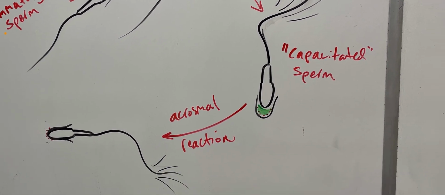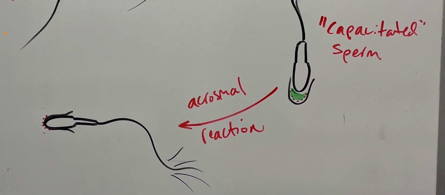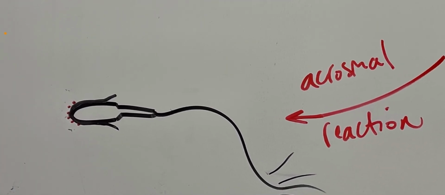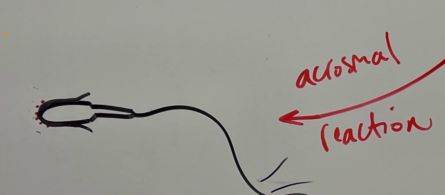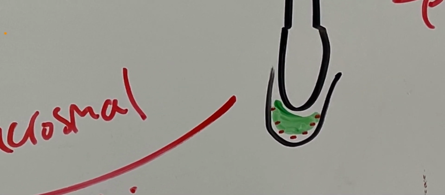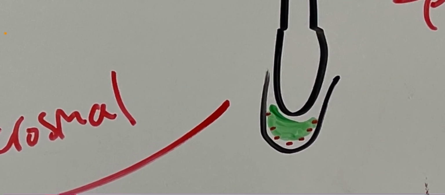Now, a capacitated sperm or mature sperm is now able to go through what's called the acrosomal reaction. This is a process where the acrosome, basically the membrane that holds the acrosome, reverses itself. So here in this sperm, you can see how the green acrosome is on the inside of that acrosomal membrane, along with those red proteins. They're on the inside.